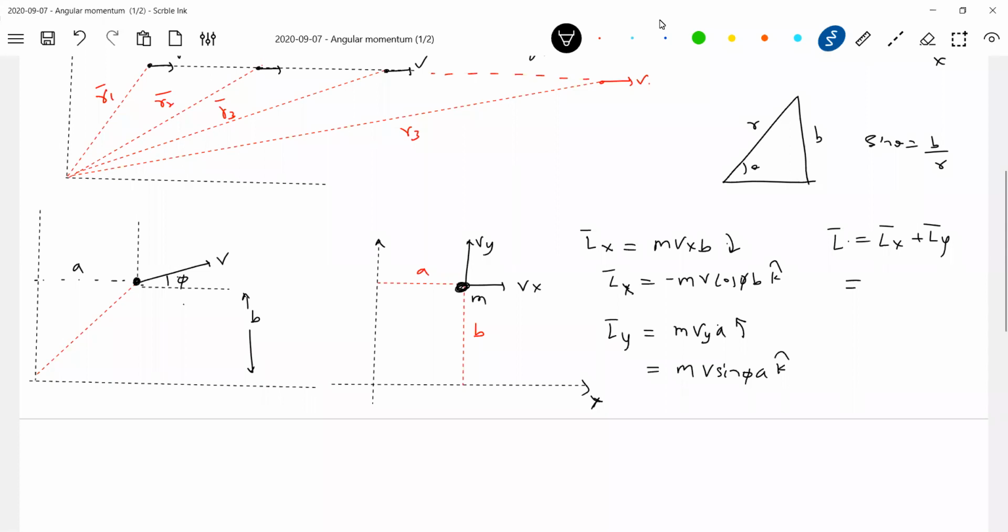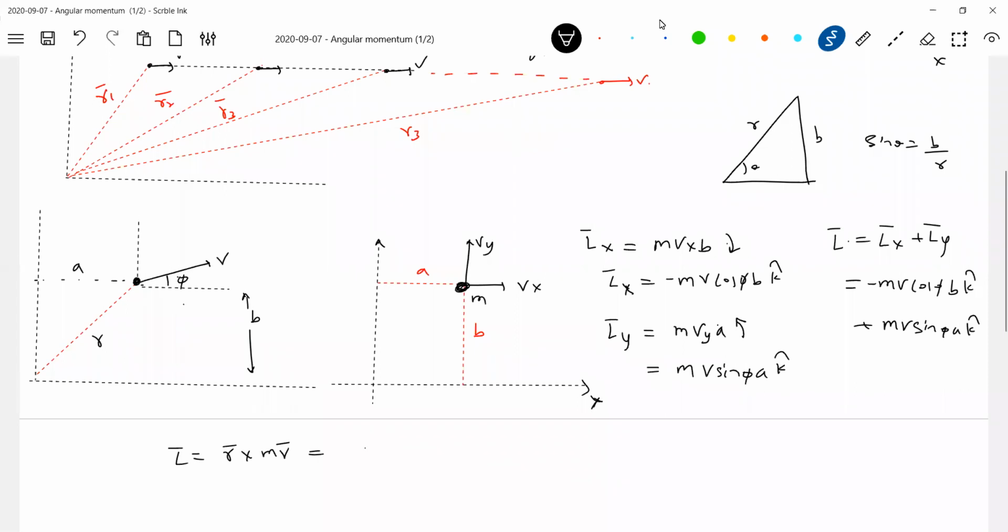So, sir, shall I do like this? Let me substitute this. This will be minus m v cos phi b k cap. Means, sir, I'll do like this: r bar cross m v bar.